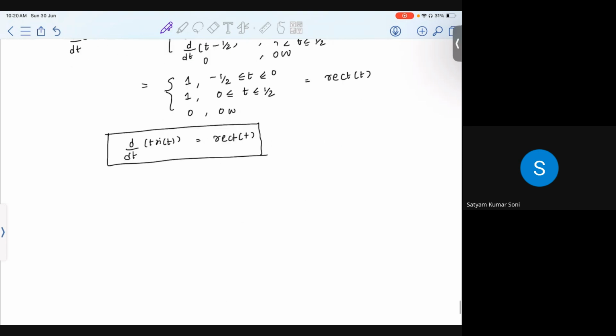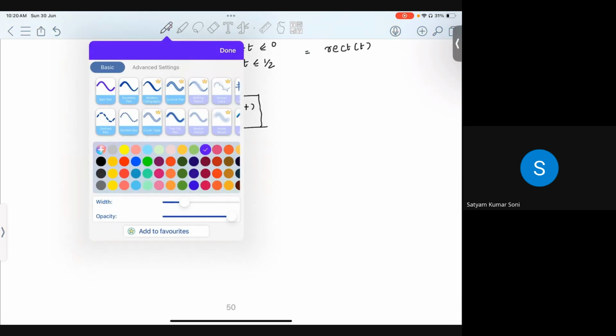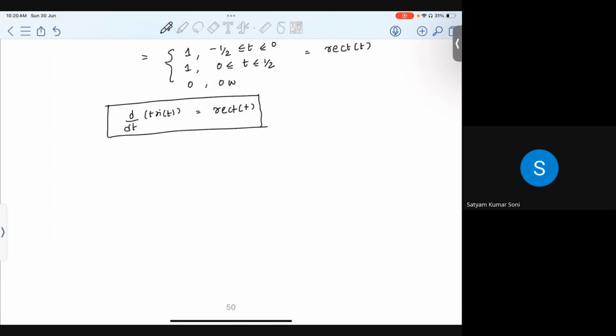Any other signal, suppose you are given a signal defined as some trapezoidal function, where this is at -1, this is minus half, this is 0, this is half, this is 1.